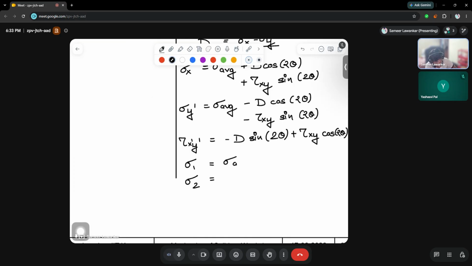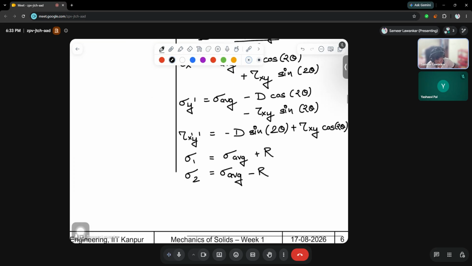Okay, so what is sigma 1? Basically sigma 1 is sigma average plus R, and sigma 2 is sigma average minus R. Okay, where what is R? R is root over D square plus tau xy square.